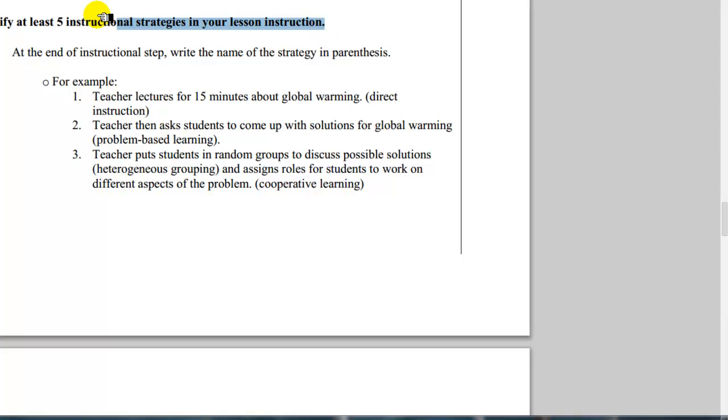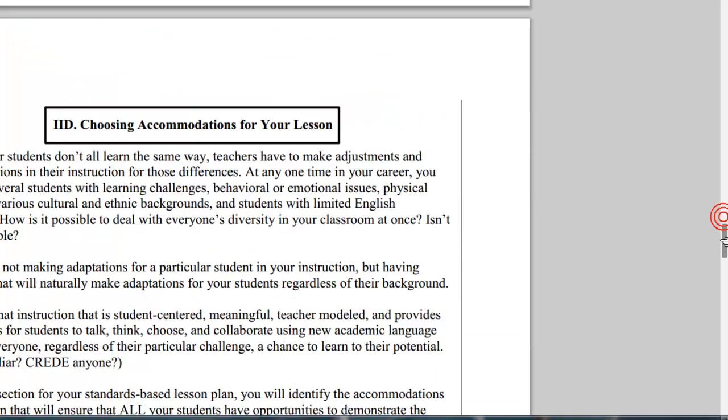After you develop the instruction, you're going to write out 5 instructional strategies in your lesson instruction. For example, a teacher lecturing for 15 minutes about global warming is called direct instruction, and so on. So you're going to look for 5 of those.